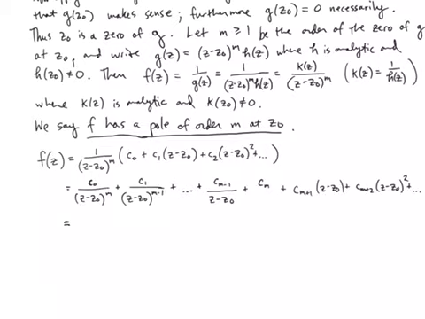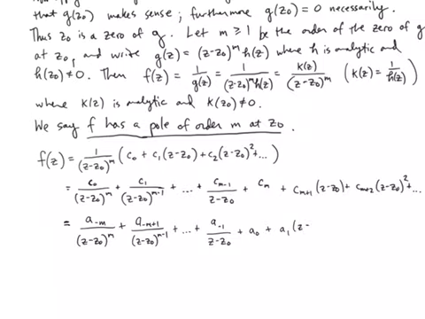So this c naught we'll call a sub minus m, over z minus z naught to the m. c_1 is now a sub minus m plus 1, over z minus z naught to the m minus 1, plus dot dot dot plus a sub minus 1 over z minus z naught plus a sub 0 plus a_1 times z minus z naught plus a_2 times z minus z naught squared plus dot dot dot.